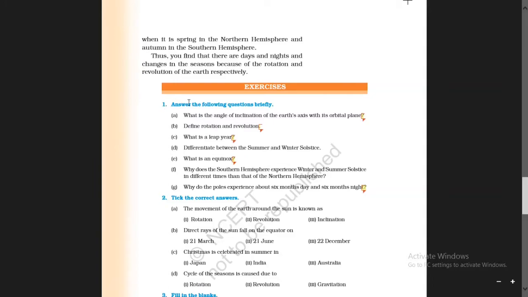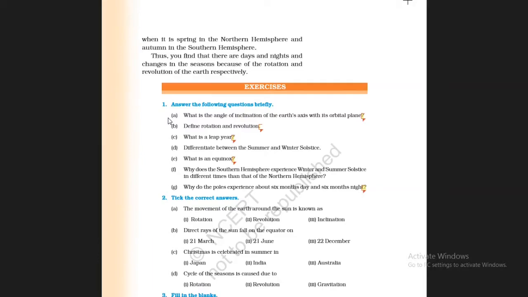Number one, answer the following questions briefly. Here direction is given. As and when you are answering any question, you need to see the direction. If the question asks to answer in a full sentence, you have to write the answer in a full sentence.